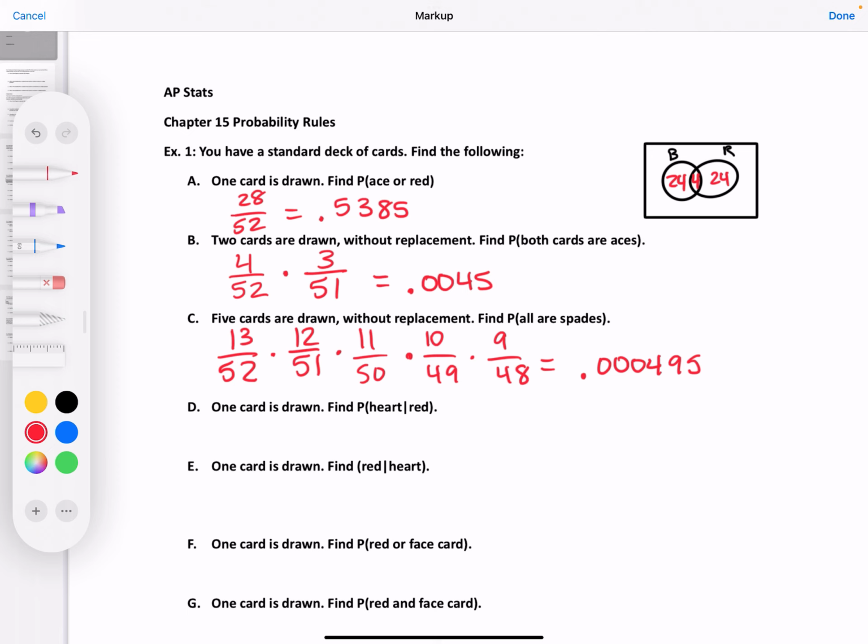So how many cards are red hearts? 13. Yep, 13, so that would be the top number. And then how many total cards are red? 26. So that just ends up being 0.5.